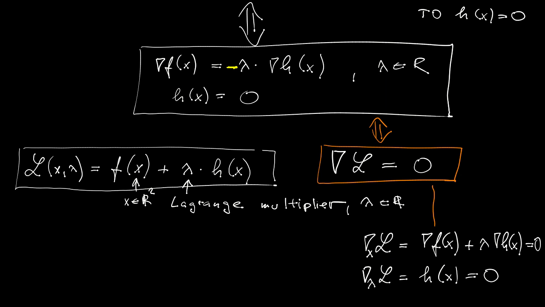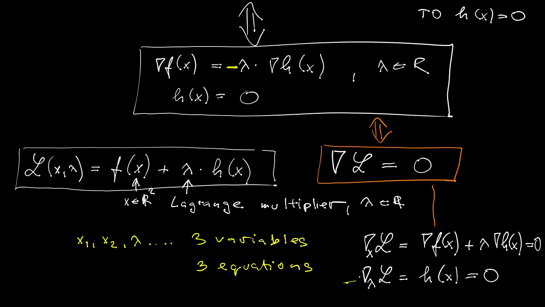Fine, now let's count the number of equations and the number of variables. So I have x1, x2 and lambda. That means 3 variables. And I have 3 equations. Right?